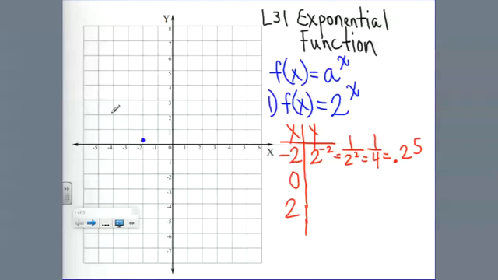Now, if we let x equal 0, we have 2 to the 0 power. And any positive or negative integer to the 0 power is automatically 1. So we have the ordered pair 0, 1 that we can plot. And finally, when we let x equal positive 2, we have 2 squared, which is just positive 4.